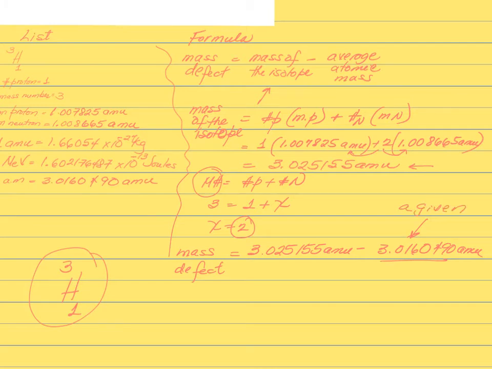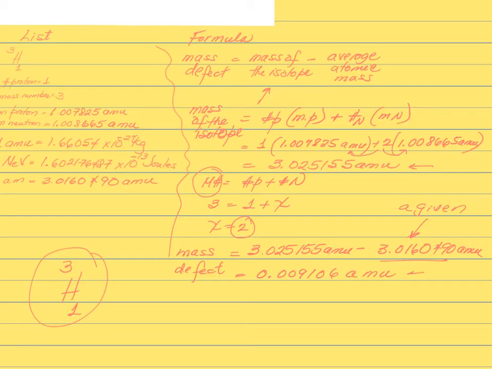So I'm going to subtract that, and the mass defect is equal to 0.009 atomic mass units. Questions about how to find the mass defect?